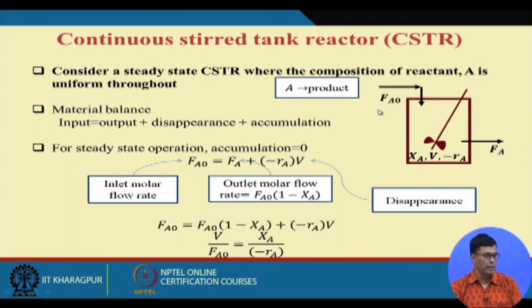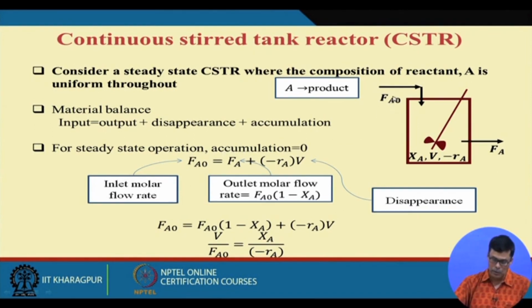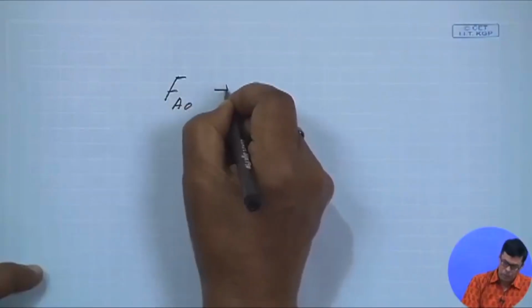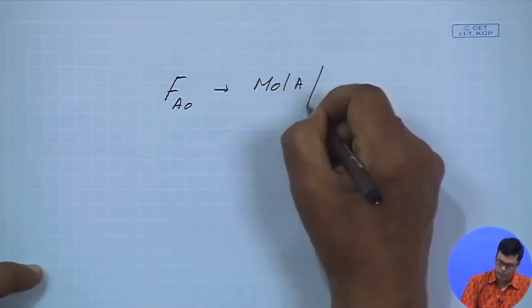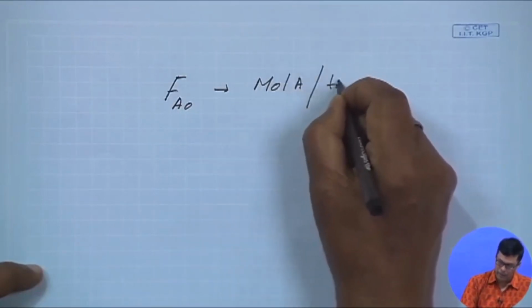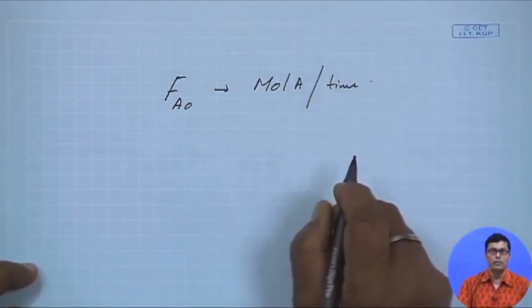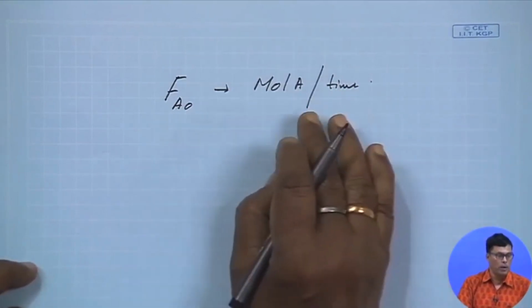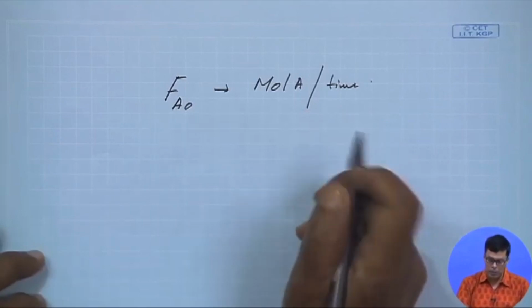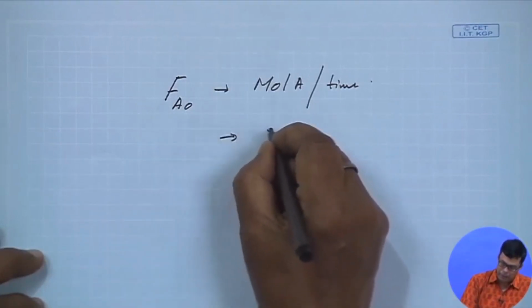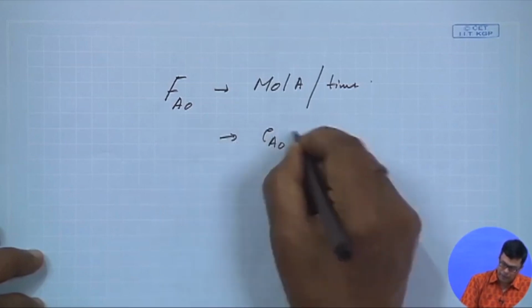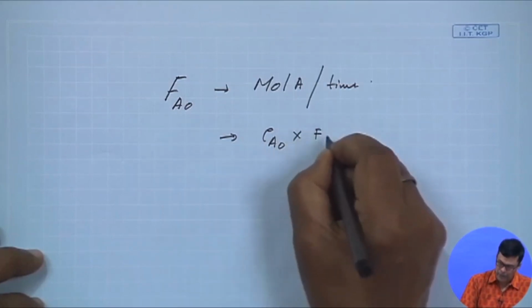Now how can we write it? Suppose the rate of input is FA0. What is FA0? FA0 is the moles of A per unit time that is being put in. We can write this as Ca0 into F. What is F?